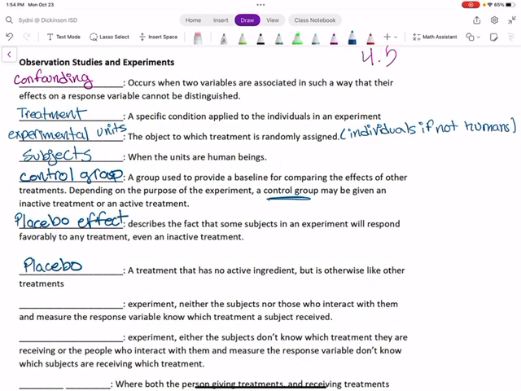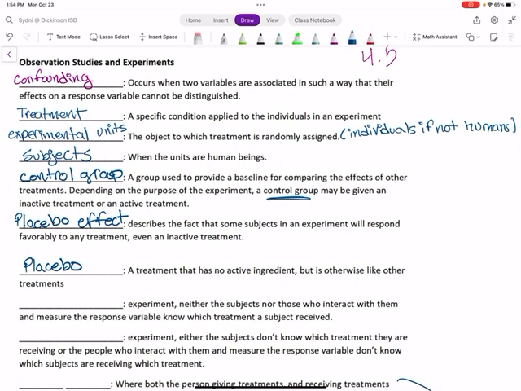So if you're doing a study testing people's heart rates whenever they are given caffeinated coffee, and you don't want people who have caffeinated coffee to know that it's caffeinated, you just want to monitor them independently, what you can do is split your subjects up and give half of them caffeinated coffee and give the other half decaffeinated coffee. The decaf coffee would be considered your placebo. It is your inactive ingredient, meaning that it doesn't have what you are looking for.